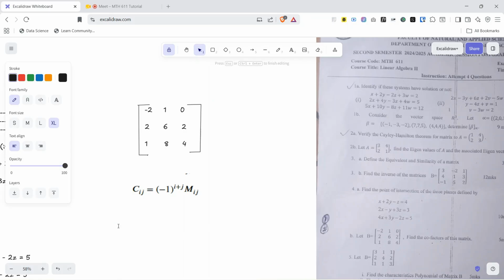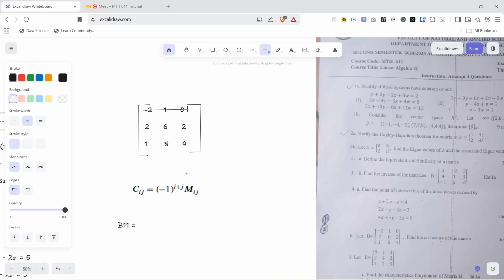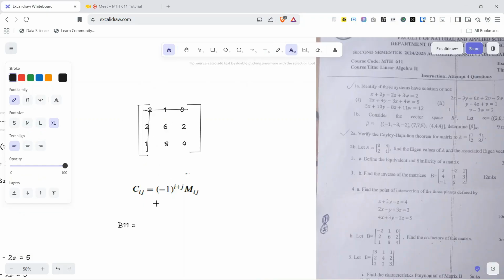So we'll start with B11. So B11 would be the determinant of 6, 2, 8, 4.